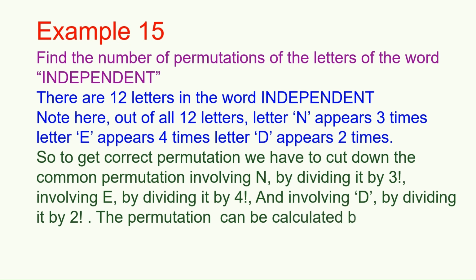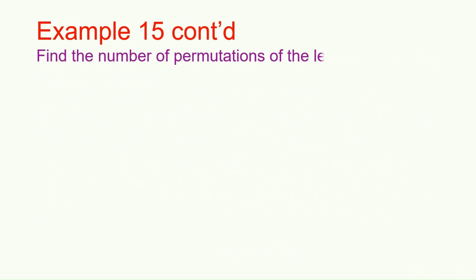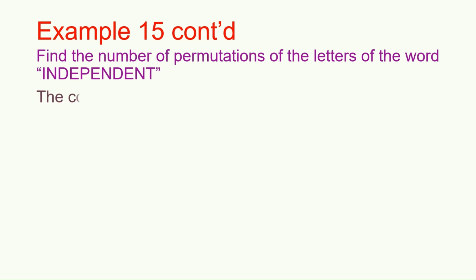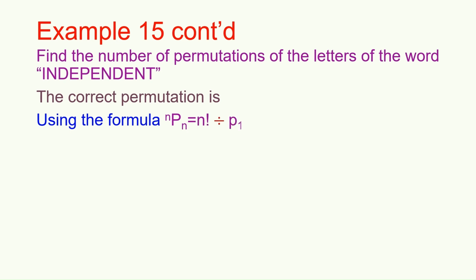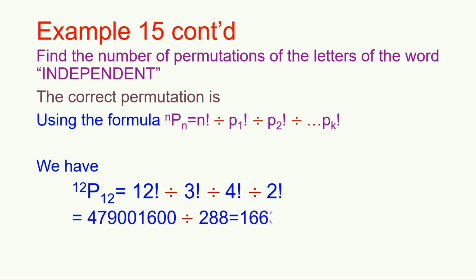The correct permutation, using the formula nPn equals factorial n divided by factorial p1 divided by factorial p2 divided by factorial pk, is 12P12 equals factorial 12 divided by factorial 3 divided by factorial 4 divided by factorial 2, which equals 1663200.